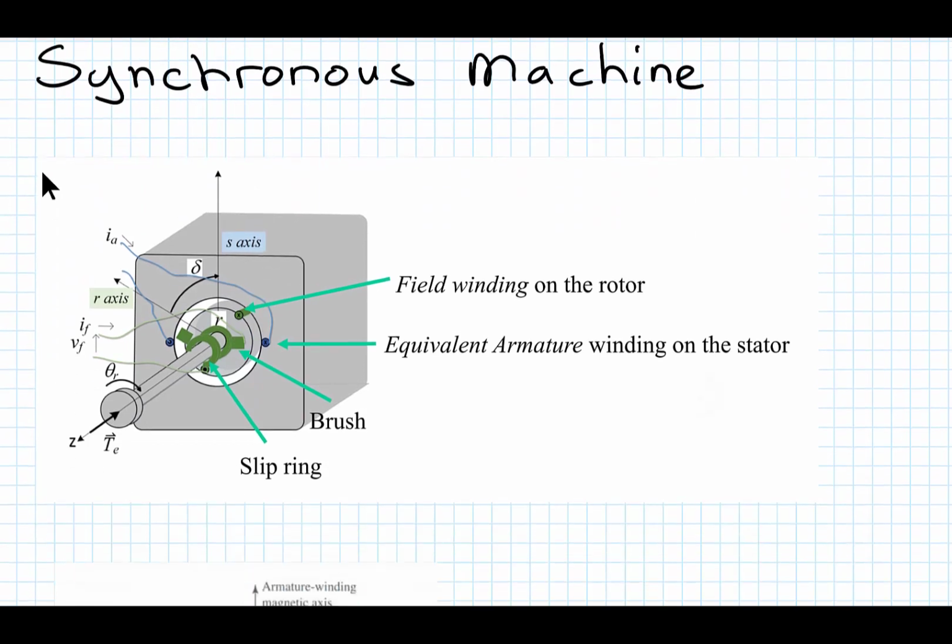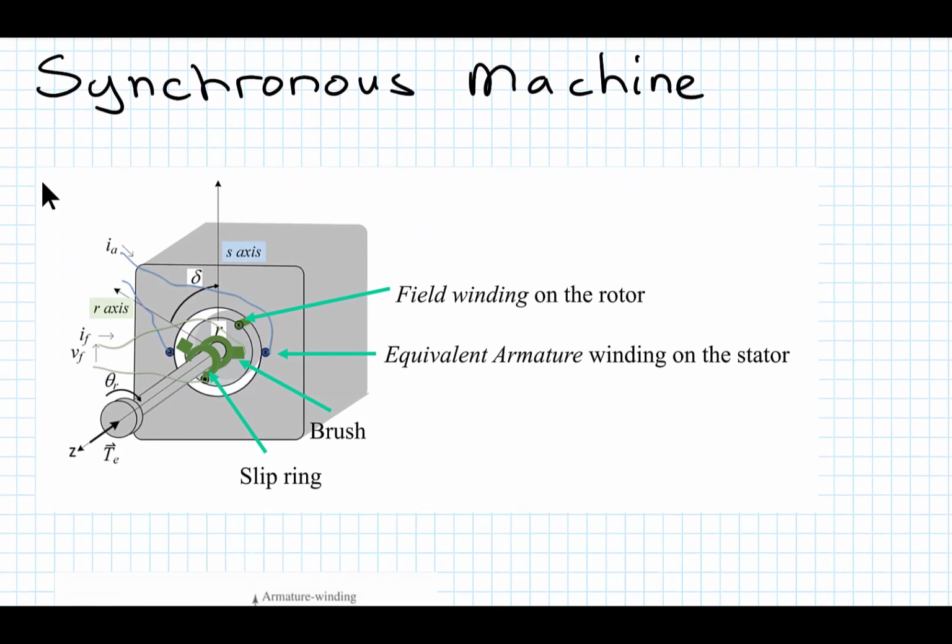So let's talk about the synchronous machine. The synchronous machine is different. In a sense, I'd like to say that the DC machine is an inside-out synchronous machine, starting with the synchronous machine as a more general case. The synchronous machine, though, has the field winding on the rotor.